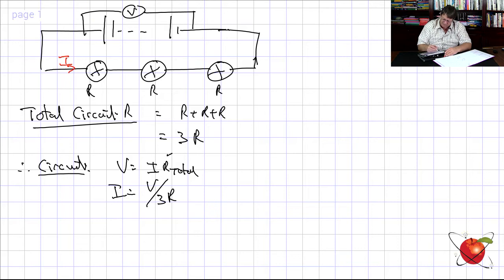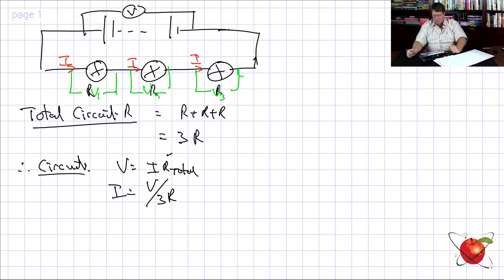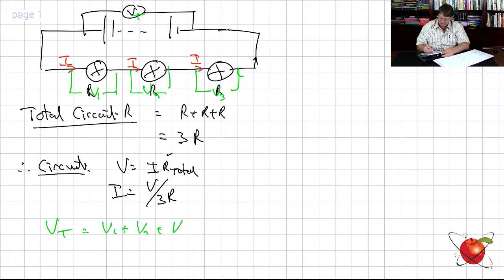Let's go and put in our current. Remember, this is a voltage splitter, isn't it? So I'm going to put my voltage in green. V. This is V1, V2, V3. Now, what can we say about V1, V2, V3? We can say V total is equal to V1 plus V2 plus V3, can't we?